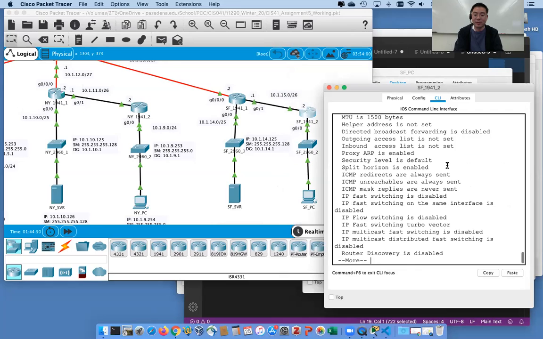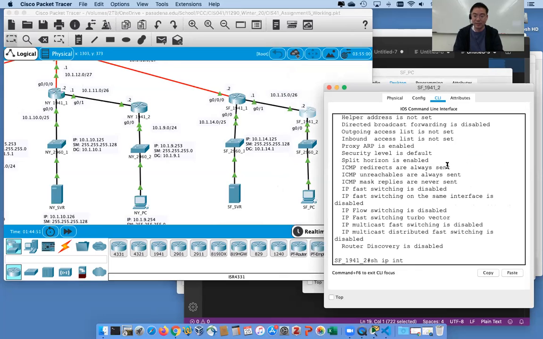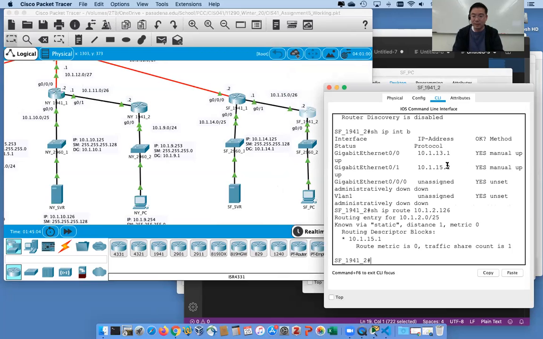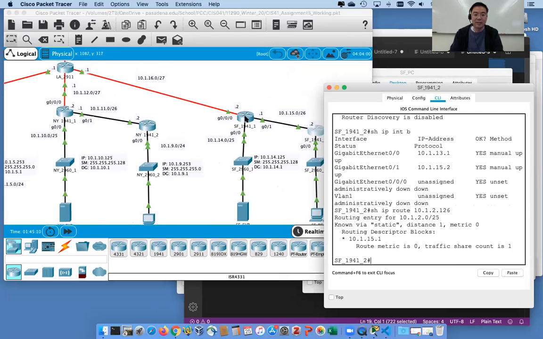Show IP int brief. Okay, it's via 10.1.15.1. That should be right here.